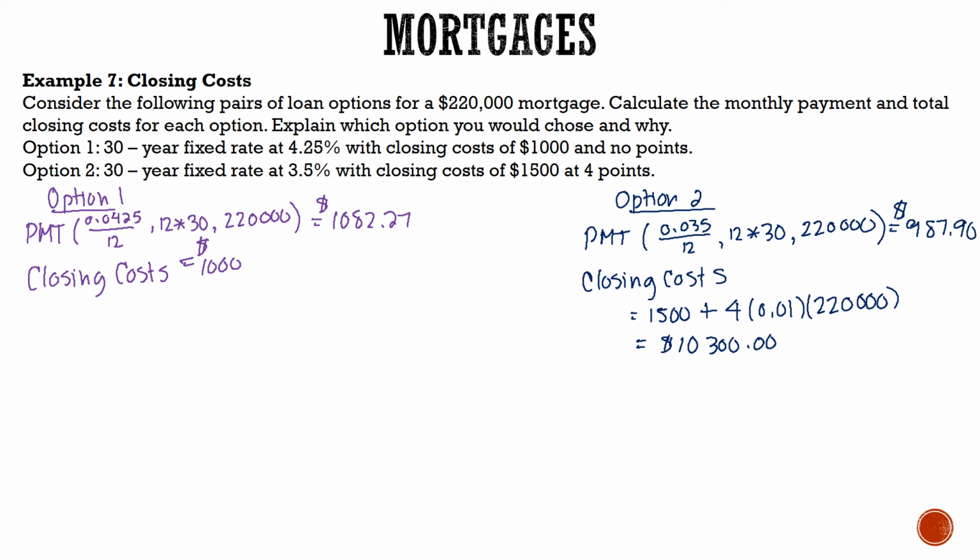All right, so let's see if we can do some evaluation of these differences to see which one is the better option. So first of all, the difference in monthly payments. So you are going to have a cost of option 2 that is going to be less. So how much less?